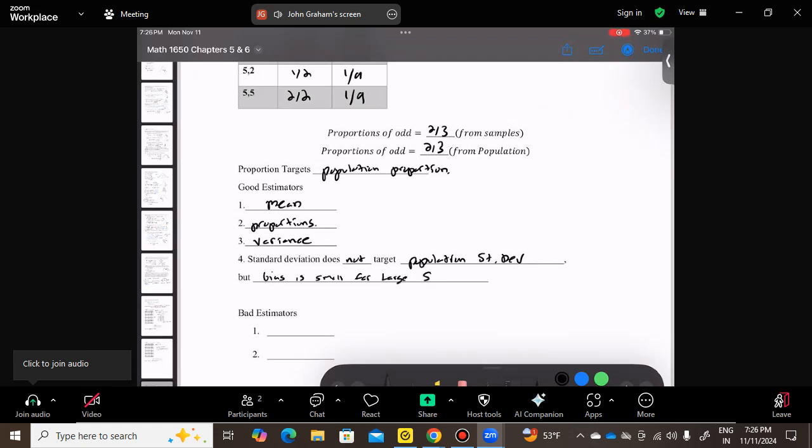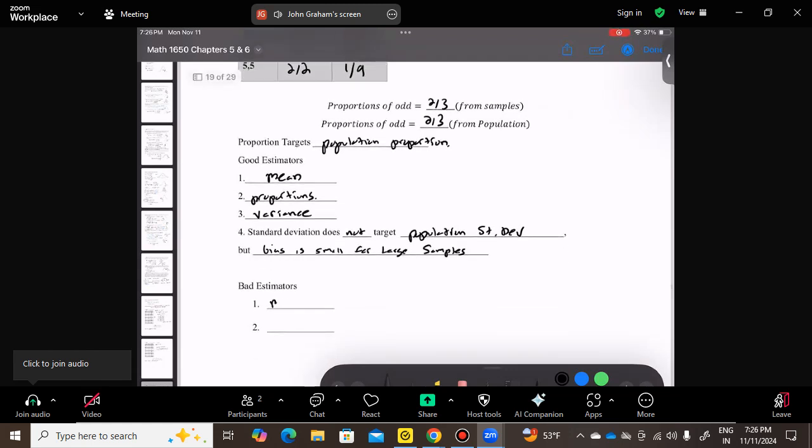And when we get to the central limit theorem, we'll realize that we have a correction to the standard deviation to make it on target. Bad estimators: we saw the median, and the range is also a bad estimator. I'm sure the mid-range is probably a bad estimator as well.